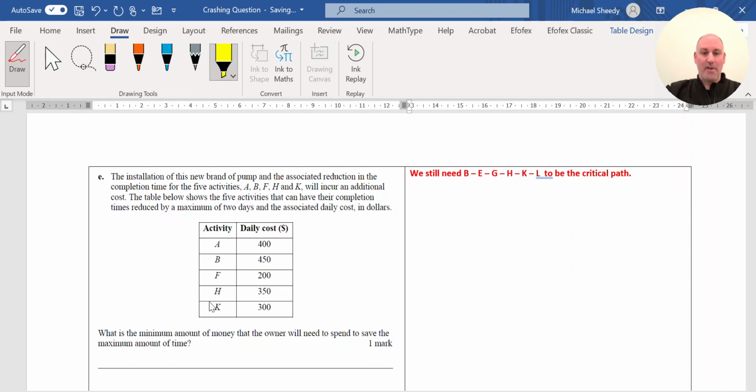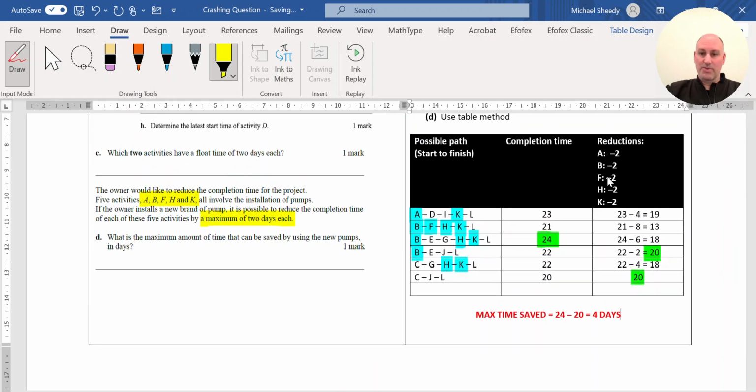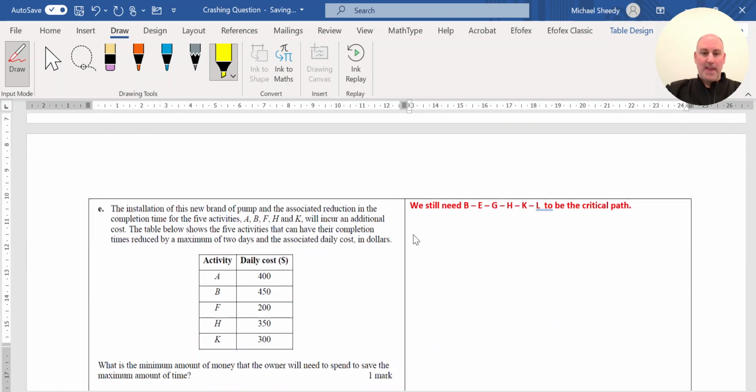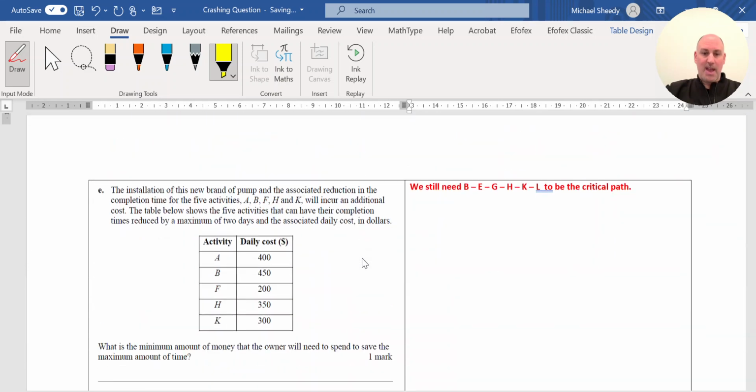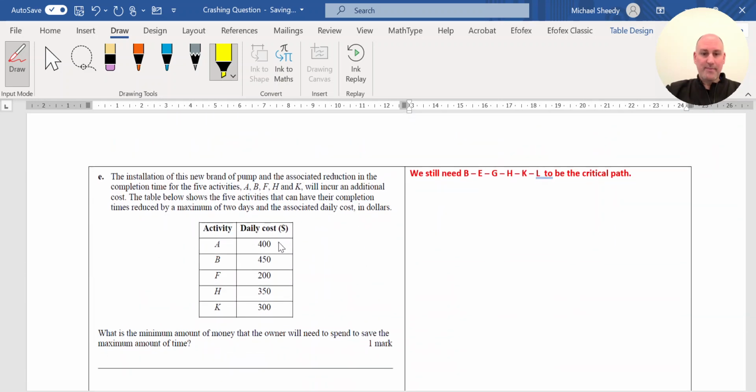So these are the same 5 activities that we could have reduced in part D, still by 2 days. However, the daily cost is listed in the table. So A costs 400, B is 450, F is 200, H is 350, K is $300.